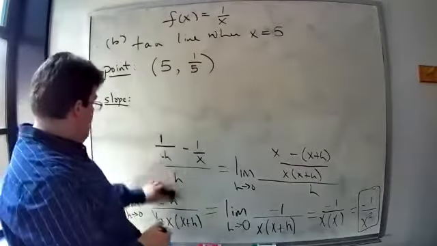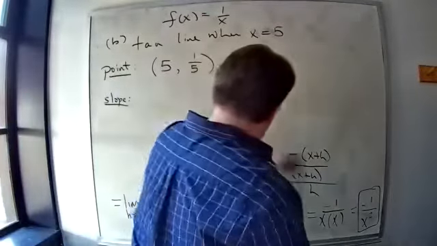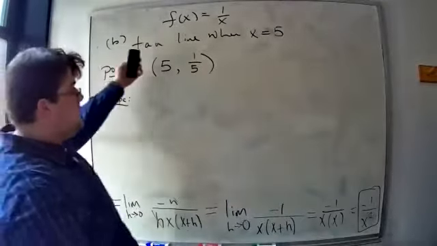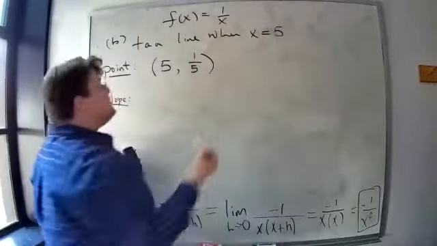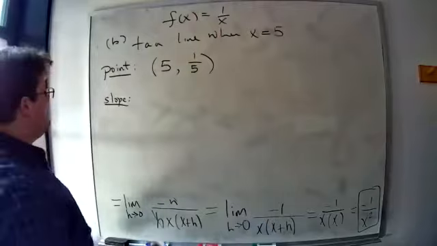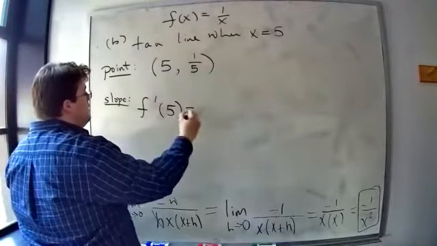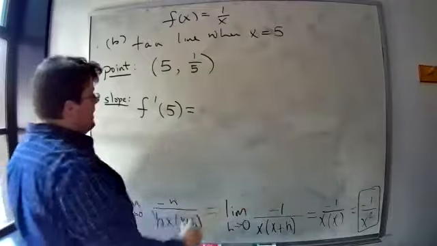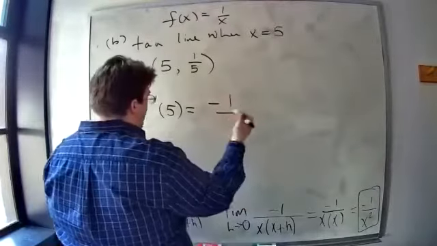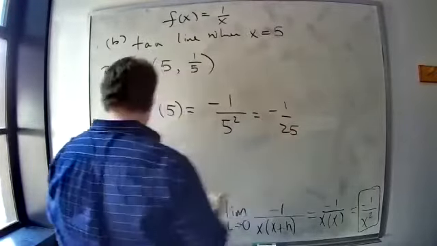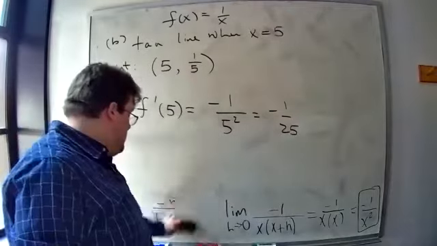Now the slope, well, remember the derivative is defined to give us slopes of tangent lines at given points. So here, the derivative evaluated at 5 will give us the slope we want. The derivative is what? -1 over x squared, so -1 over 5 squared, -1/25.